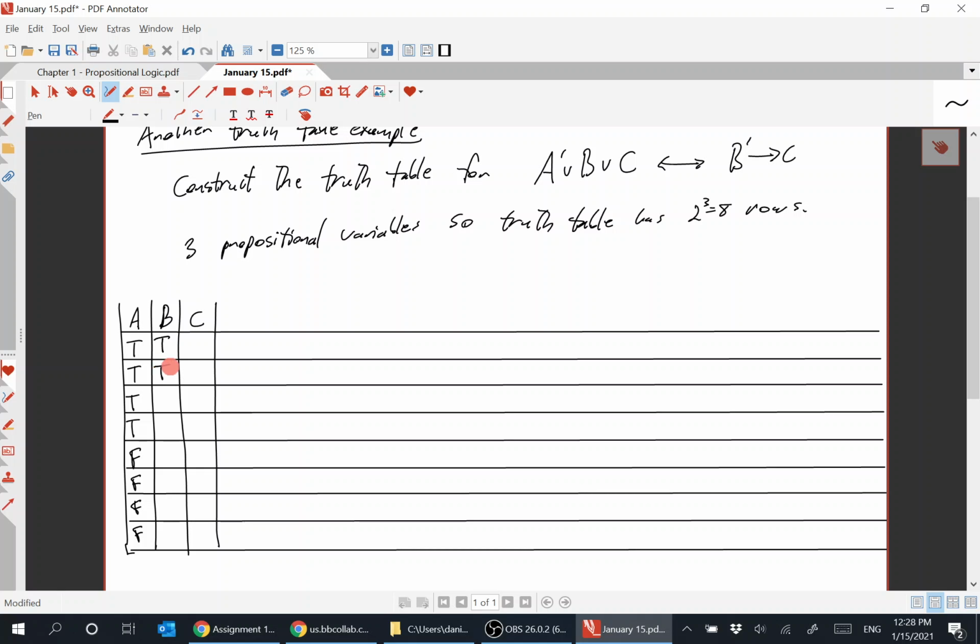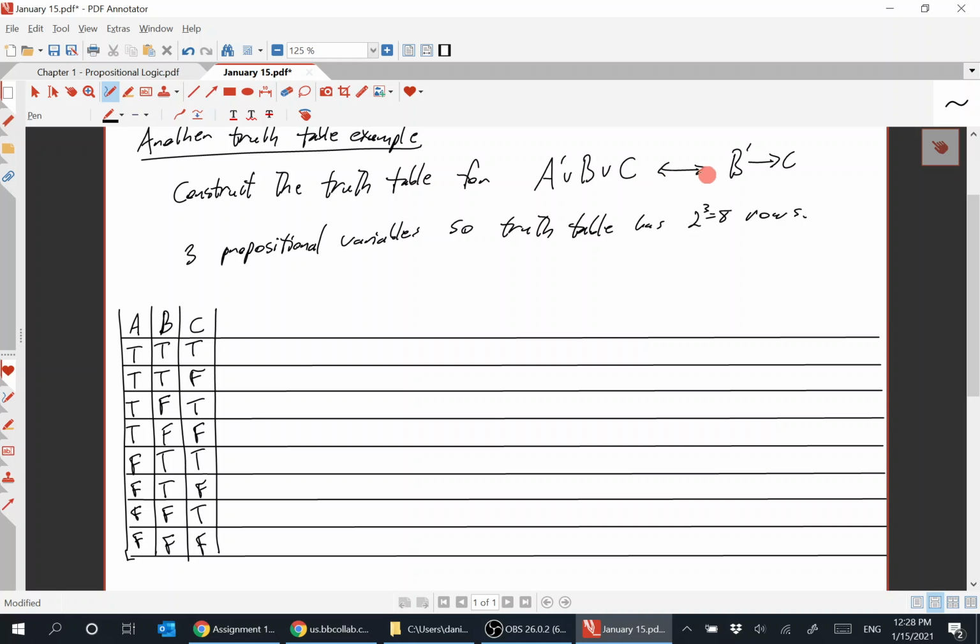Next column, alternating 2 true, 2 false, 2 true, 2 false. And then the third column, true, false alternating. Okay, so that gives you all possible truth value combinations for the three variables.